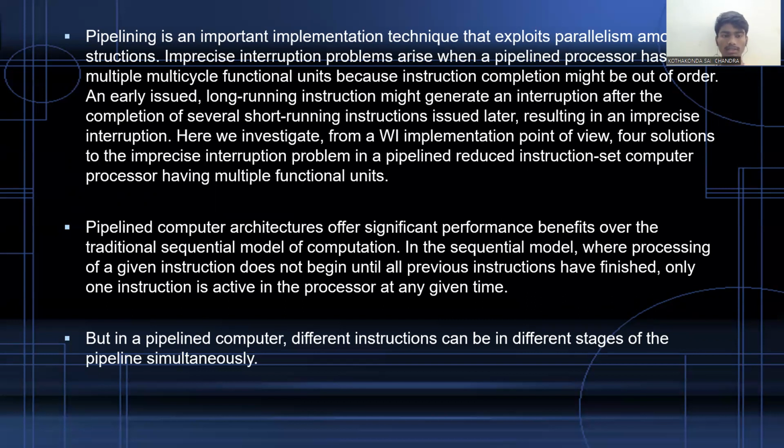An early issued long-running instruction might generate an interruption after the completion of several short-running instructions issued later, resulting in an imprecise interruption. Here we investigate from an implementation point of view a solution to the interruption problem in a pipelined reduced instruction set computer processor having multiple functional units.